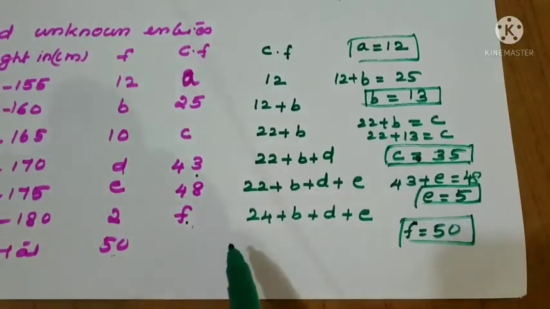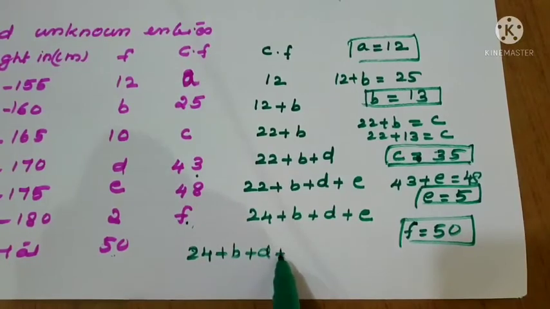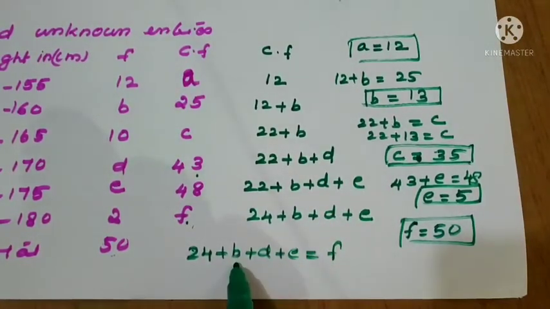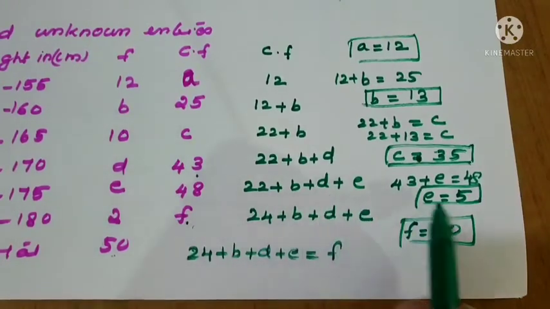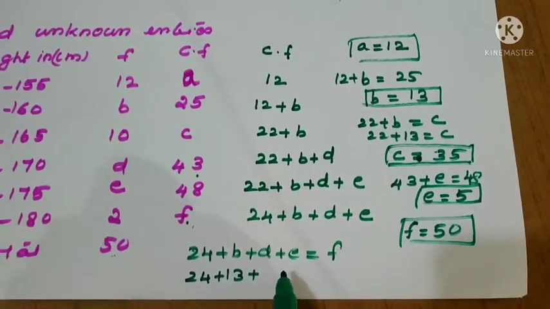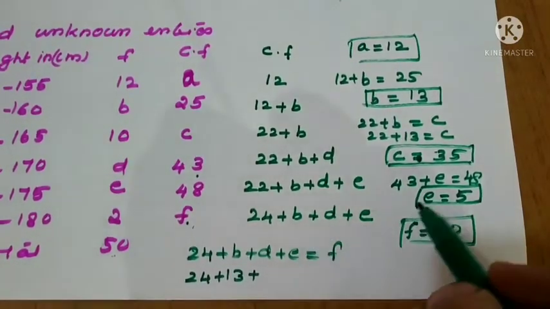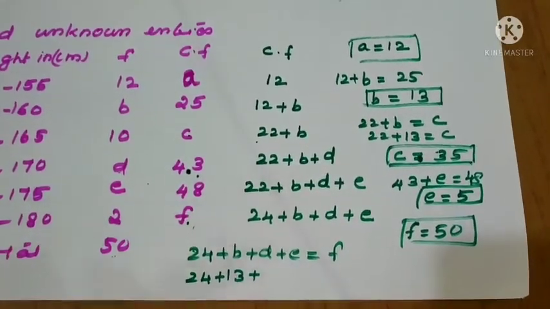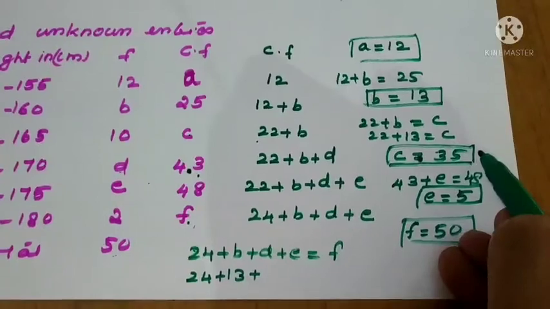Or else what we can write, 24 plus b plus d plus e equal to F only. So 24, b plus d, that is 22 plus b plus d. We will substitute: 24 plus 13 plus, what is D for us? D already we have not calculated here, but C we have calculated.